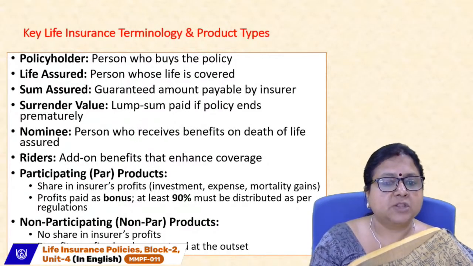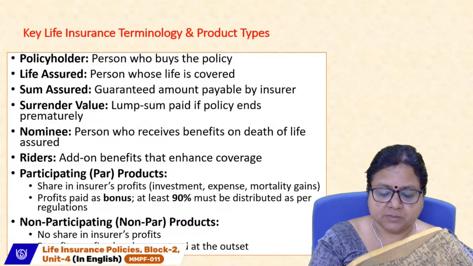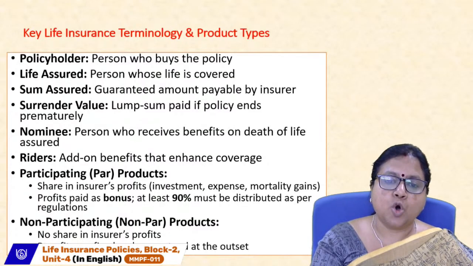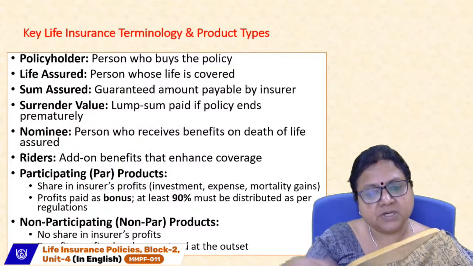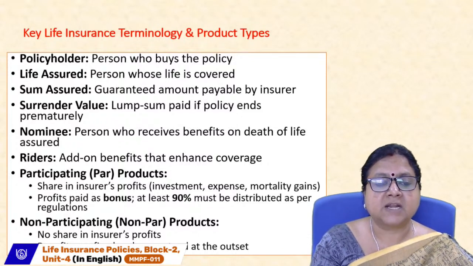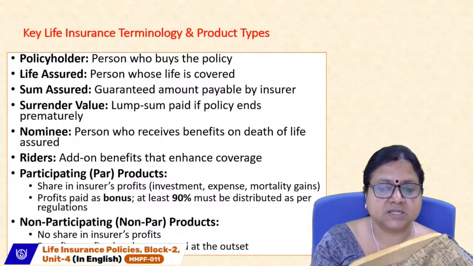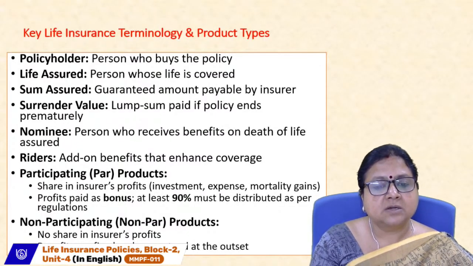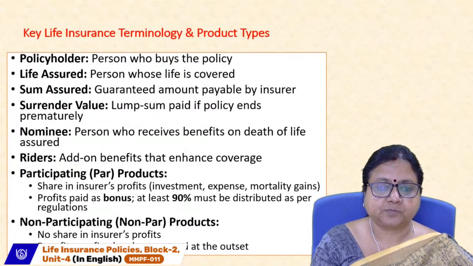participating products. Now, in some of the life insurance schemes, the entire amount or maybe some portion of the investment is invested by the insurance companies in different market-linked securities. So when it is invested in stock markets, the insurance companies earn a certain amount of profit.